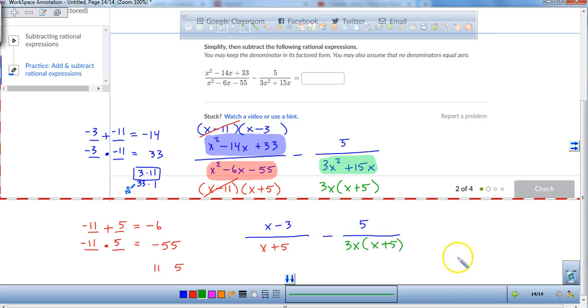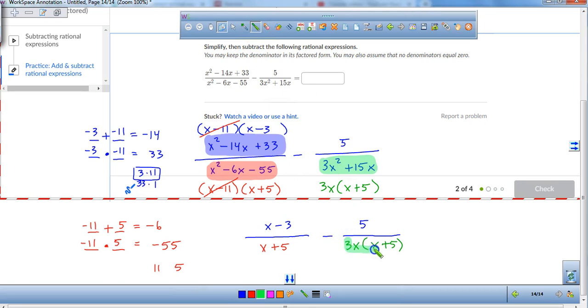And this is a little bit easier to work with. Now, one thing we need to think about is we got to make sure we have what's called the least common multiple, or the common denominator that we're going to use. So what's the least common multiple between this and this?